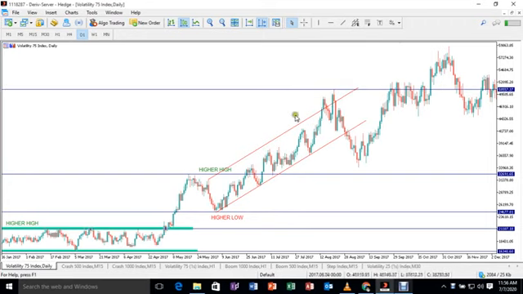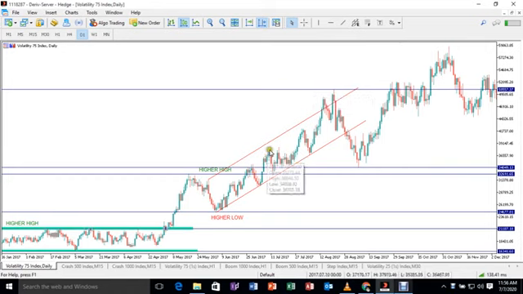I'm taking this place as a new high, and this as a new lower high. I'm not taking this because we can see how price moved here. Price was ranging here. So you need to know how to take the real support and resistance zones. You just have to ignore the small moves and focus on the big moves.